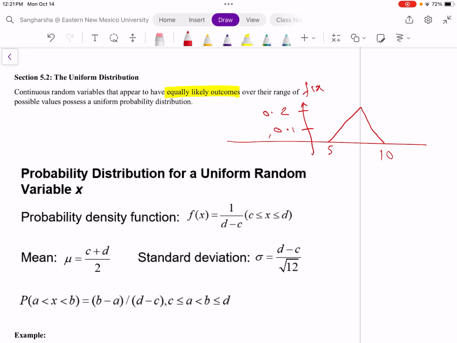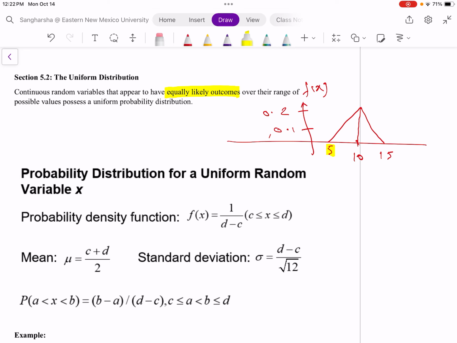Now for this function, can you tell me what is the probability when x takes a value 5? Okay, 1/5. Before that, let's do the probability when x takes a value 10.